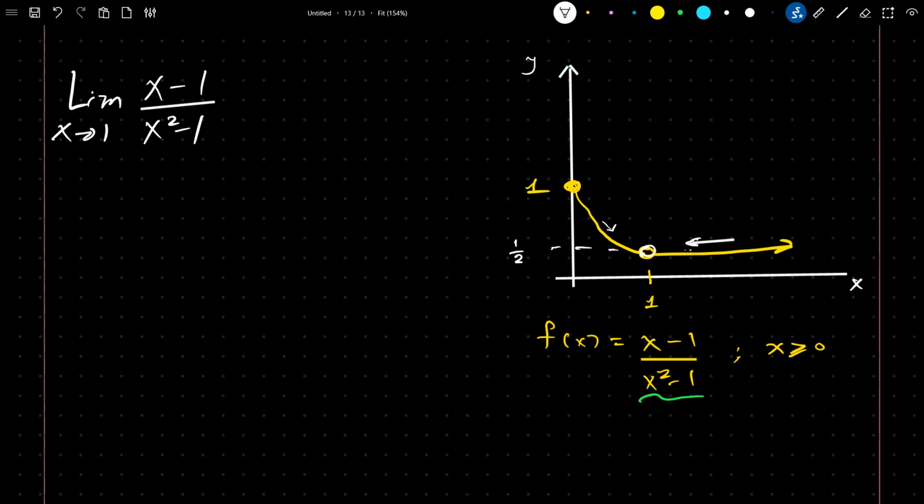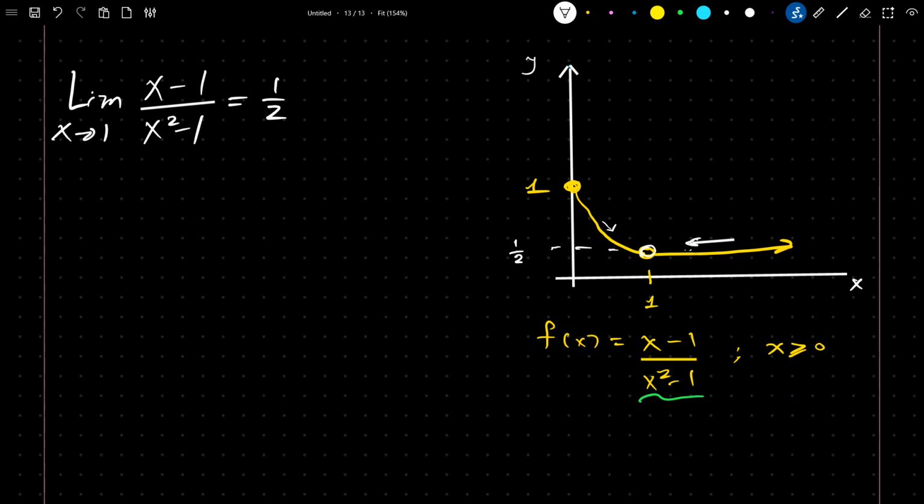And it's not hard to see that on a graph, right? So even though we don't have the function value at 1, we can see that as x approaches 1, we're getting closer and closer to 1/2 on the y-axis.